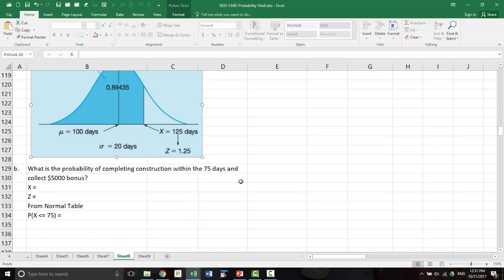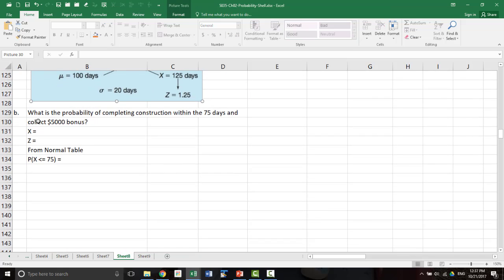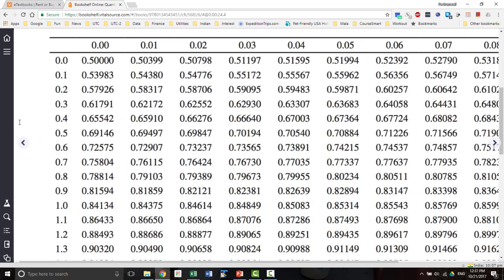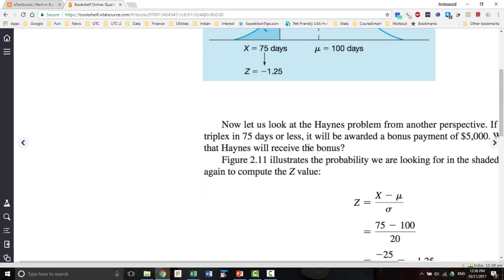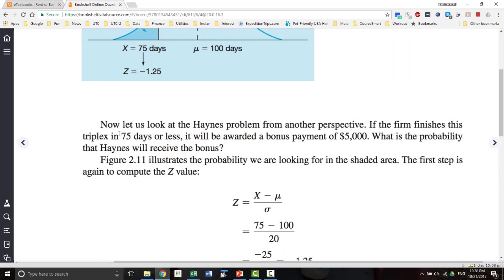Let's put it there. Now the next question is, what is the probability of completing the construction within 75 days and collecting the bonus? The problem states that if the firm finishes its triplex in 75 days or less, it will be awarded a bonus of 5,000.